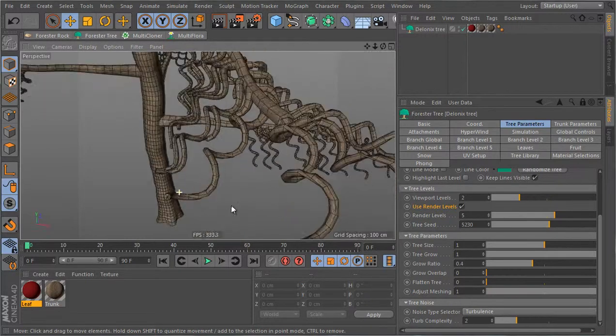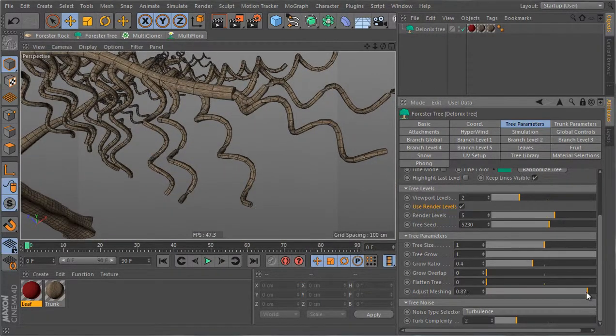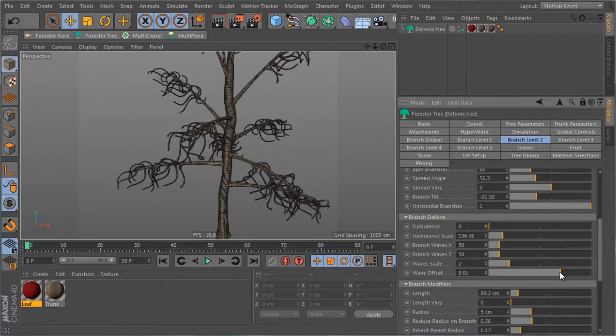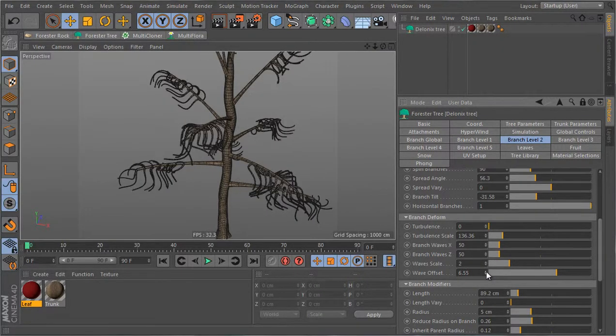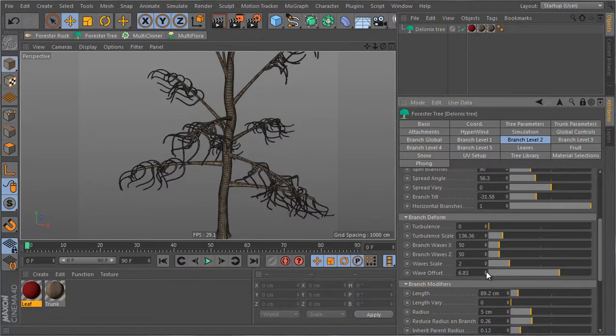This is only necessary whenever you have a lot of tiny deformation in the branch and you are really shooting from a close range. The wave offset value will offset the wave, which will create the impression that the wave is moving along the branches.